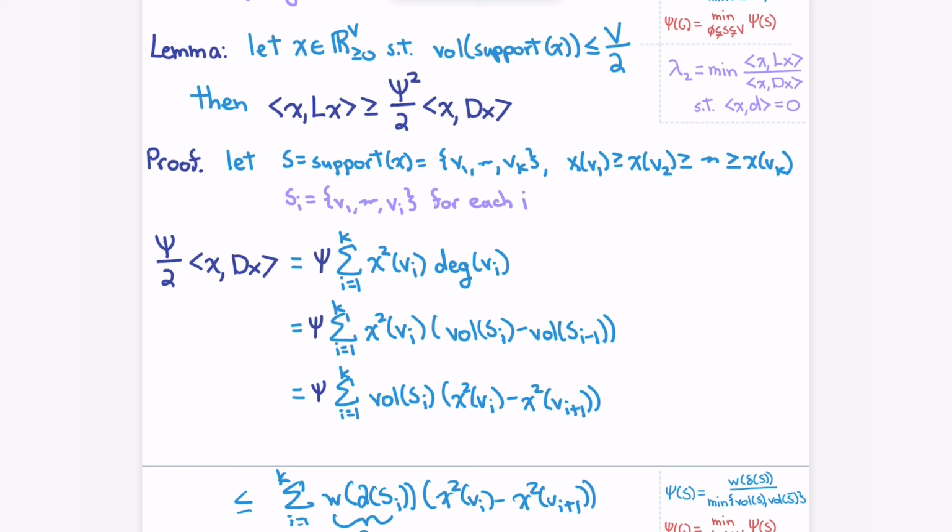To remind us, you start with x, you shift everything so it's evenly balanced between the coordinates with negative value and positive value. Then you do the x plus, x minus split. Whichever side has a better ratio, you apply this proof, and you'll show that x plus lx plus is greater than or equal to x plus dx times conductance. Then you can replace x plus with the original x because x plus is only better. So that proves Cheeger's bound.